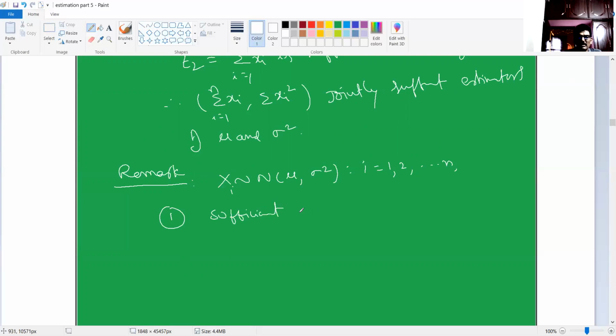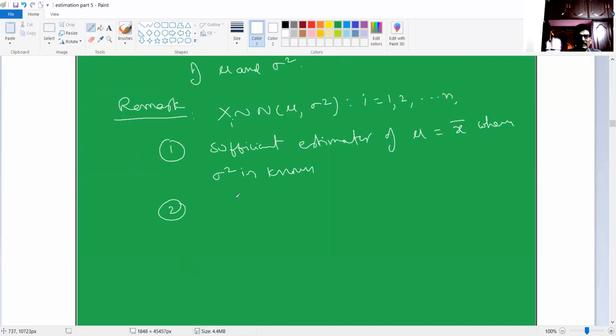Special cases. The sufficient estimator of mu is equal to x bar when sigma square is known.